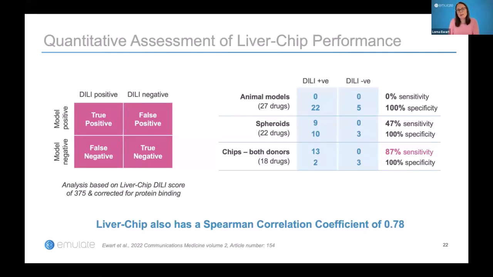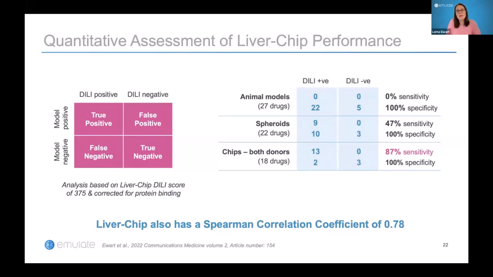Because we wanted to compare to hepatic spheroids, we were also able to pull data for 22 of our 27 drugs from the literature. That was using 3 different papers, each of which had used different hepatocyte donors and had tested in excess of 100 drugs. Of those 22 drugs, we know that 19 were actual clinical positives and 3 were clinical negatives.